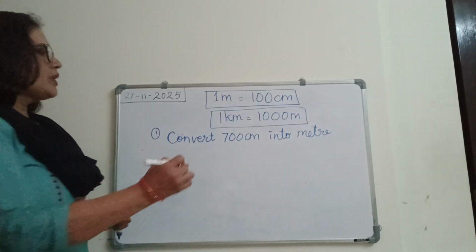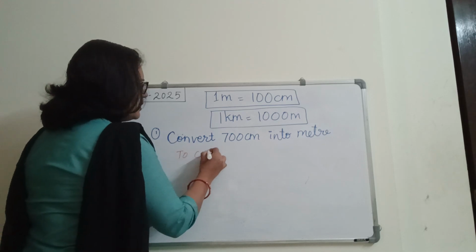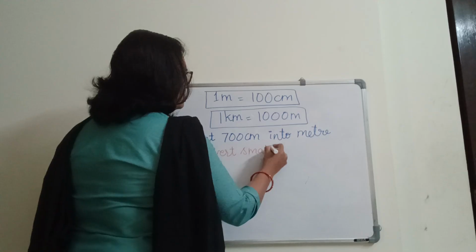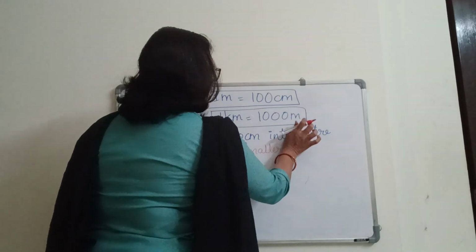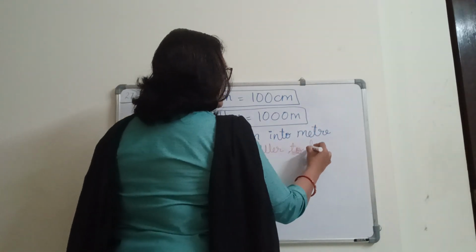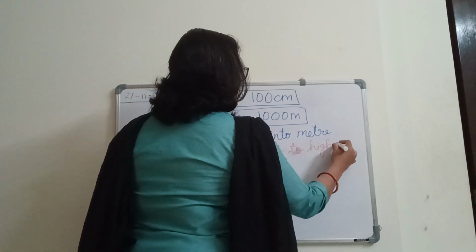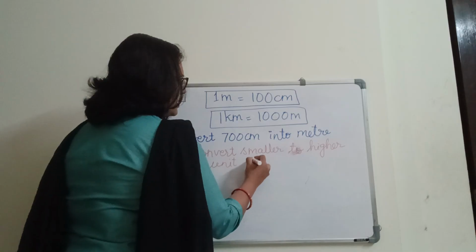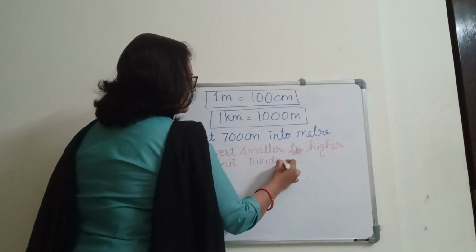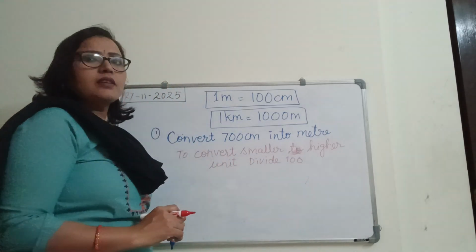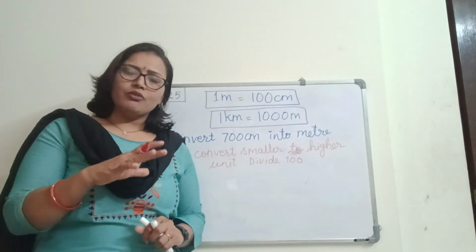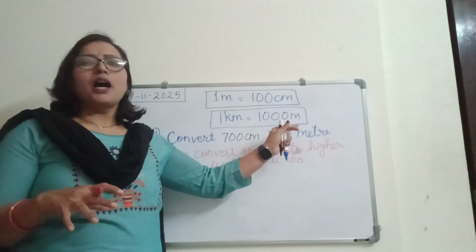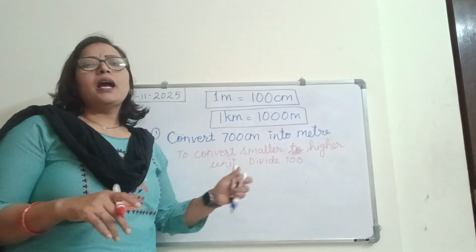To convert a smaller unit to a higher unit, you have to divide by 100. Whenever we convert from a smaller unit, centimeter, to a higher unit, we have to divide by 100.